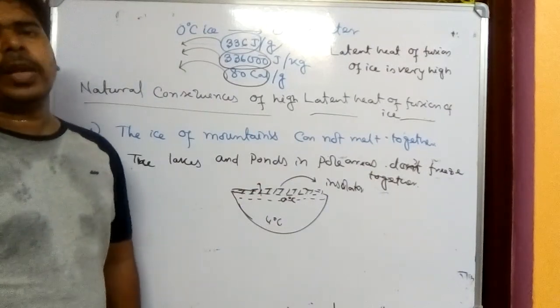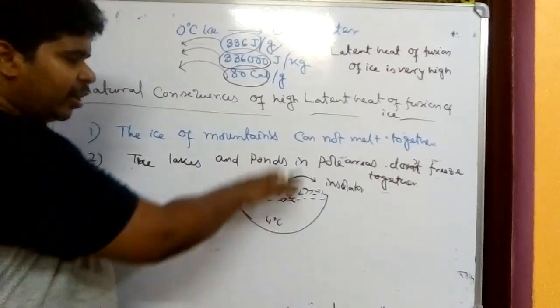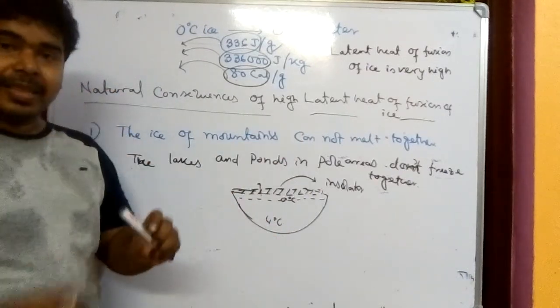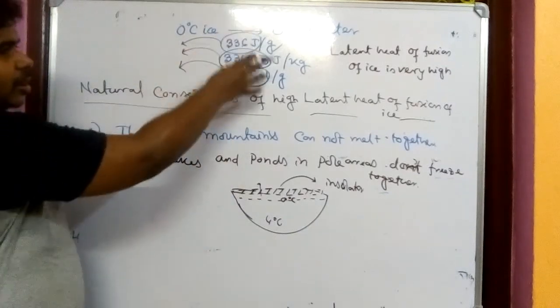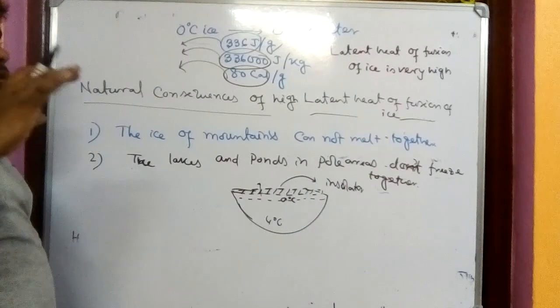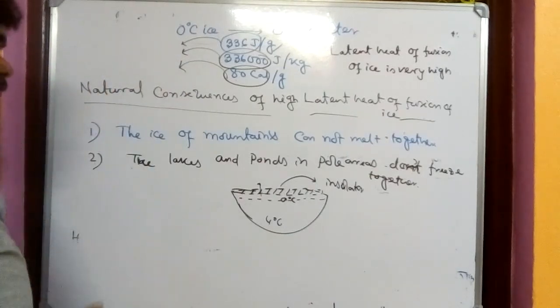That is also very hard. So that's why it will not just freeze together. Due to this huge amount of heat energy, they are not able to release it, that is not possible.